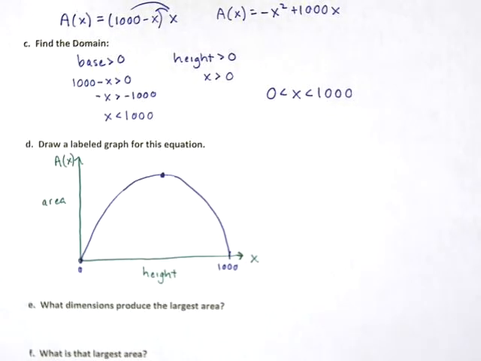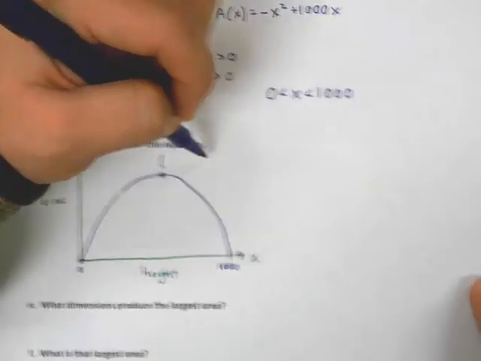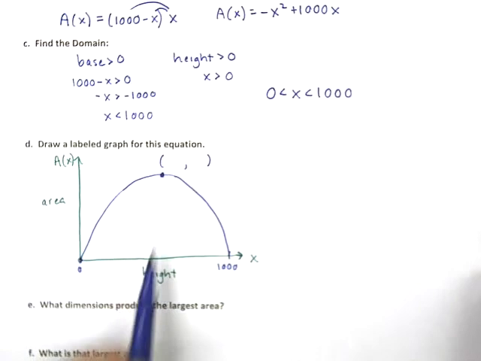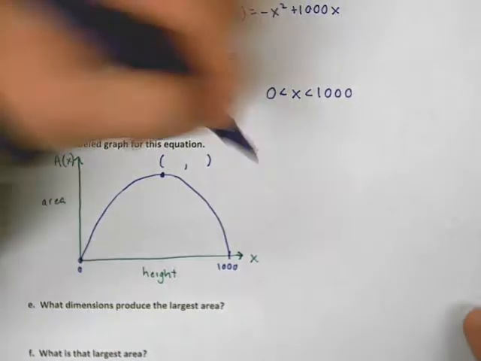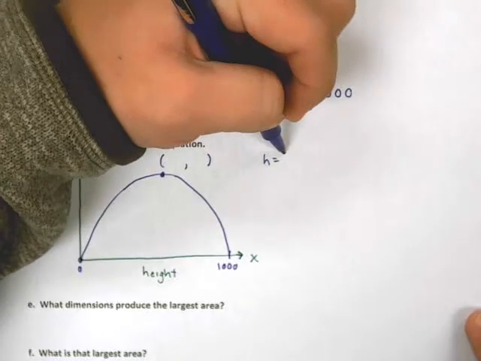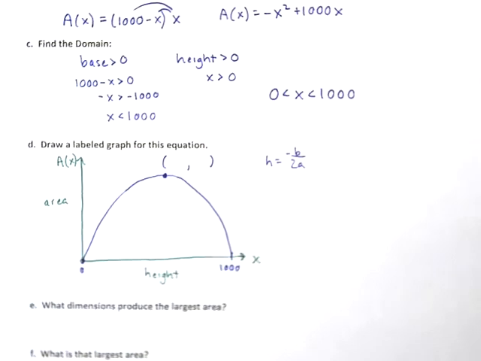This is where you guys can kind of pick and choose, okay? I think with projectile motion and maximizing area, a lot of the times H and K formulas are a little bit easier. So I'm going to go ahead and say that I need to use my H and K formulas to get my coordinates for the max height. Excuse me. Sorry, not max height, max area. So H should be negative b over 2a.